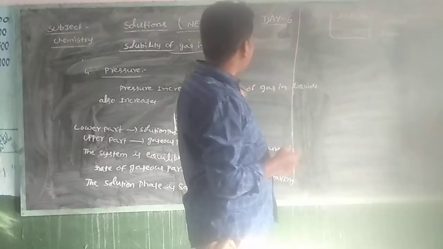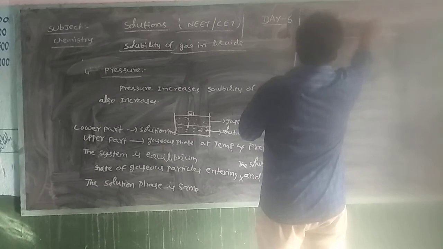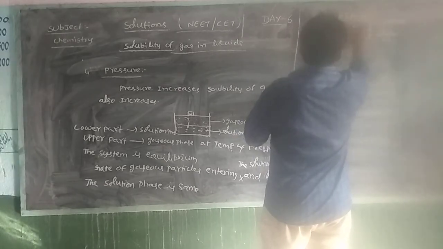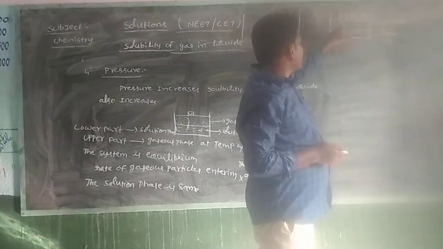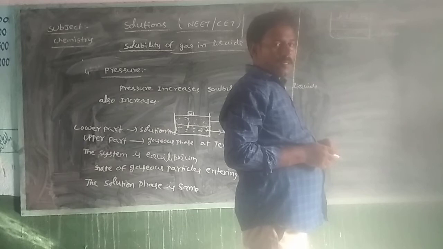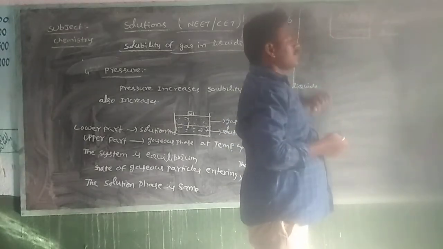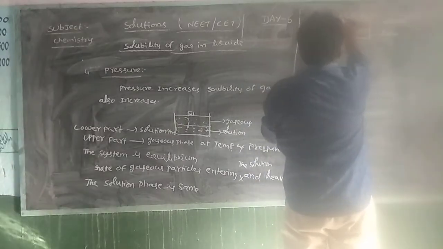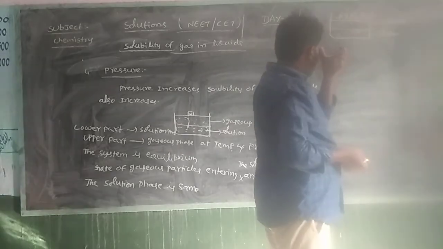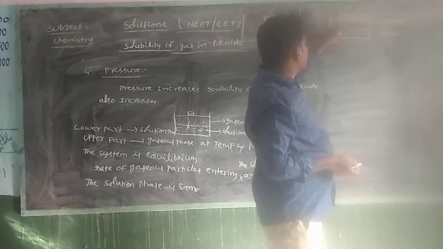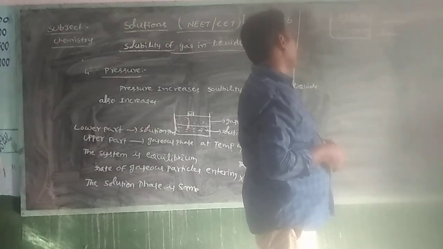Now increase the pressure over the solution phase by compressing the gas to a smaller volume. This will increase the number of gaseous particles and the rate at which the gaseous particles strike the surface of the solution.